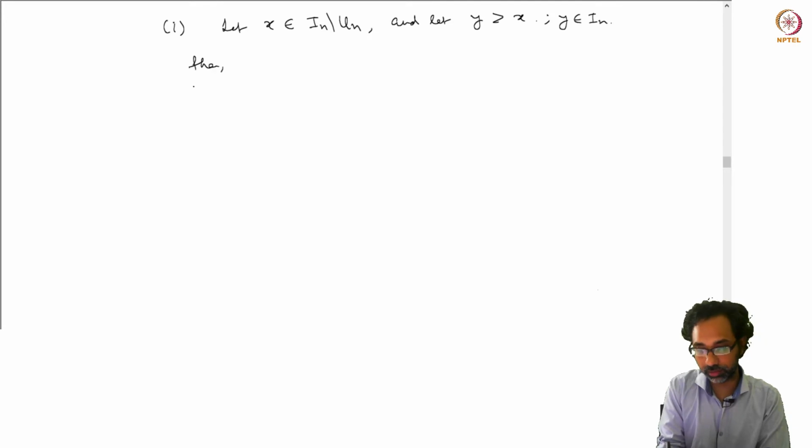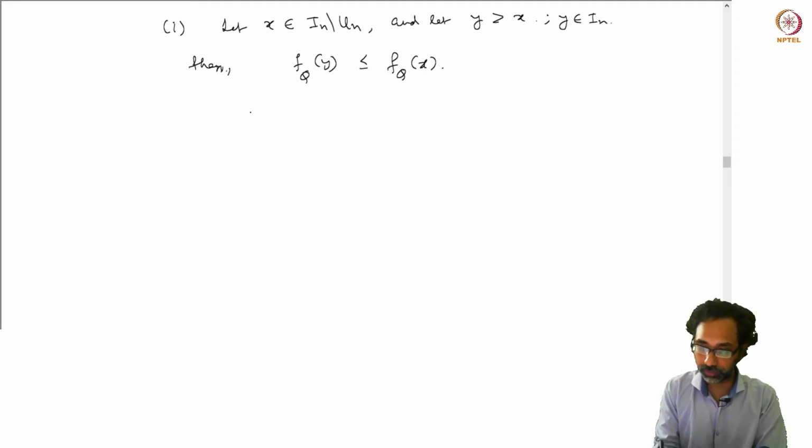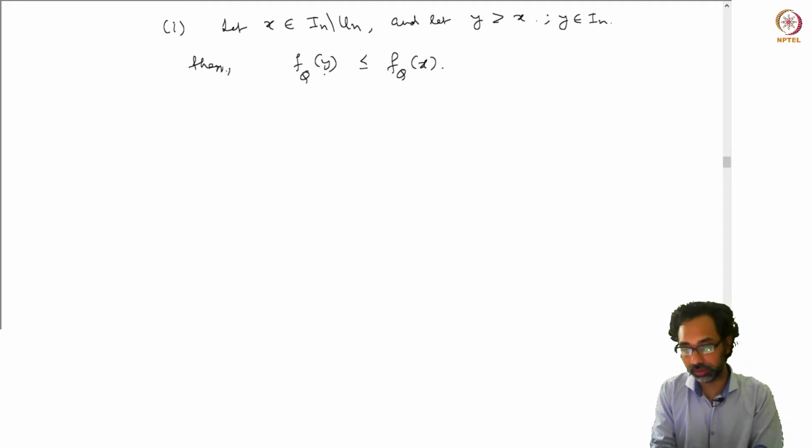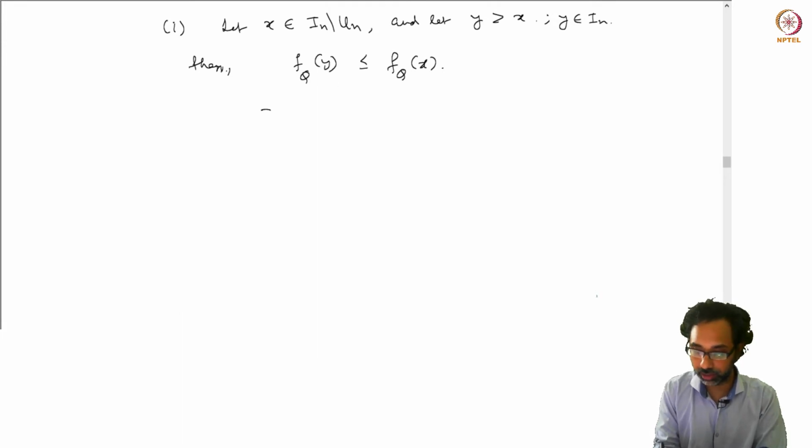Then what we get is that f of y minus q y is less than or equal to f of x minus q x, again by the rising sun lemma, because these are points in the sun.